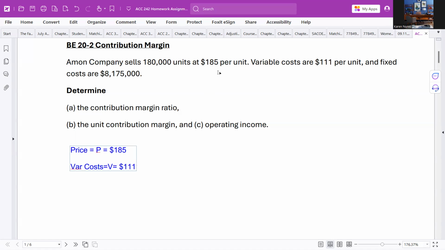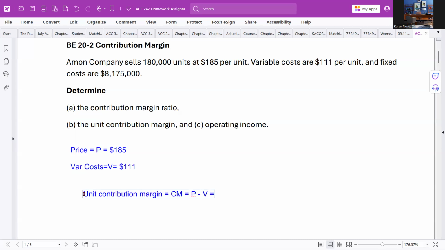Right. So we're given the price, we're given the variable costs, and that's really what we need to determine the contribution margin. The unit contribution margin, you think of that as the CM, all right? Unit contribution margin is P minus V. It is the price minus the variable costs.